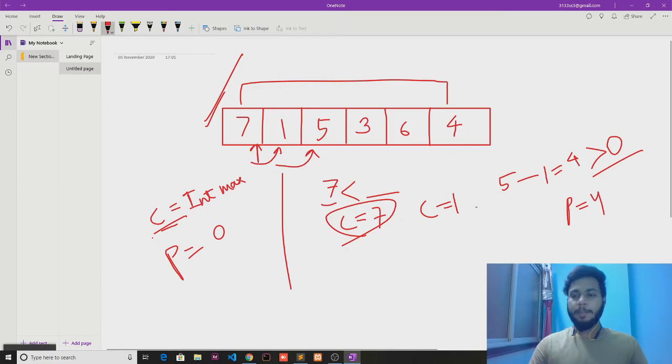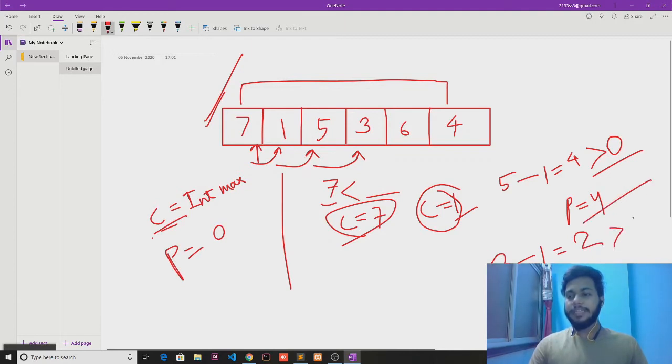Now I will check the iterator for the next value 3. First of all, we will check whether 3 is less than our current price, that is 1, whether it is correct or not. No, it is not correct. So the next condition that we are going to check is whether 3 minus our current price, that is 1, and this is equals to 2, whether 2 is greater than the current profit, that is 4.